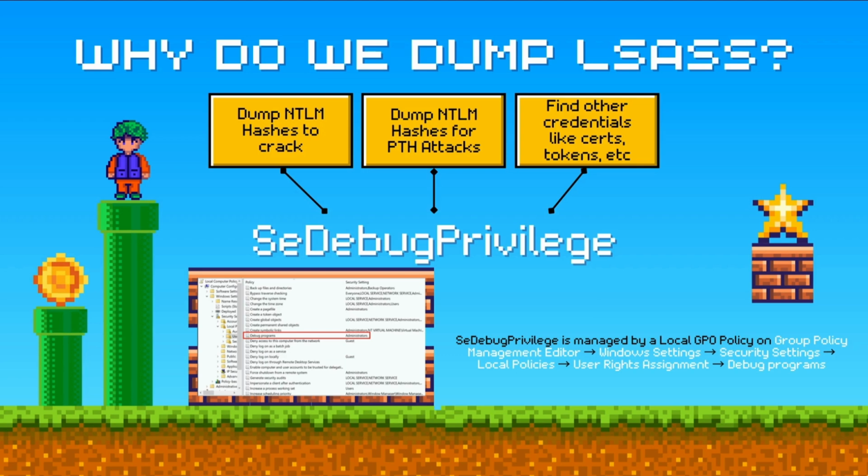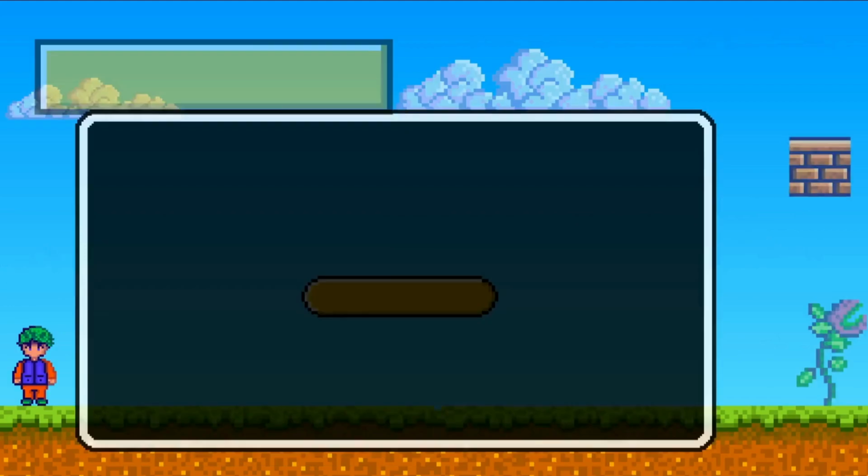To allow an identity to create a memory dump of a process, a privilege called SeDebugPrivilege is needed. This privilege is managed by a local GPO, which by default only allows local administrators to have access to it.